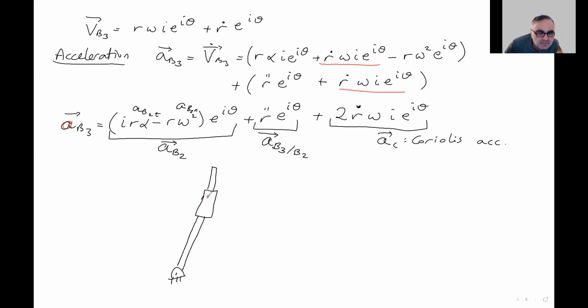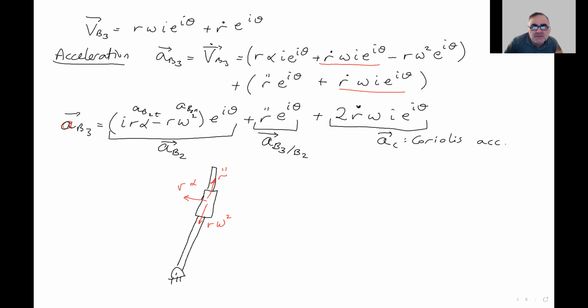Components of R double dot are in this direction. R omega squared might be in that direction. For example, R alpha is in this direction.